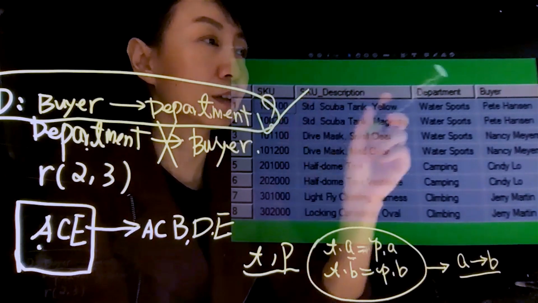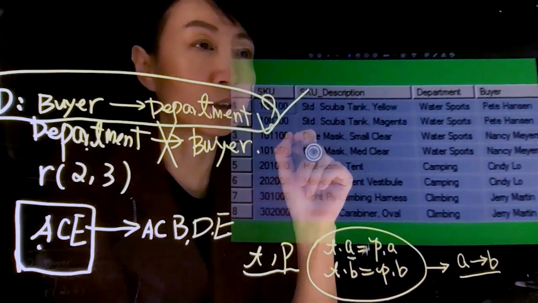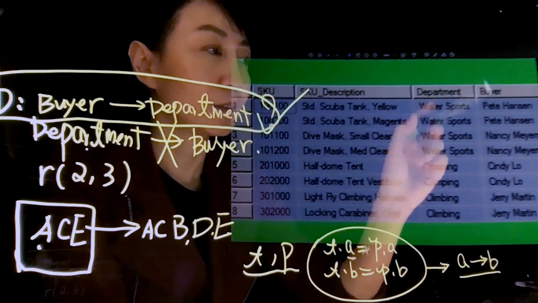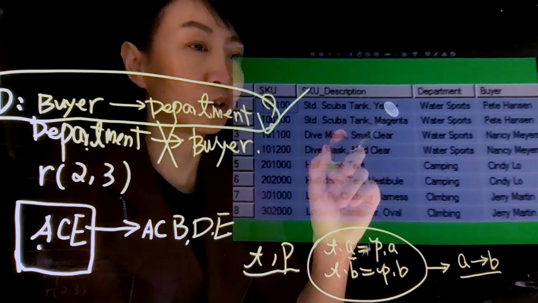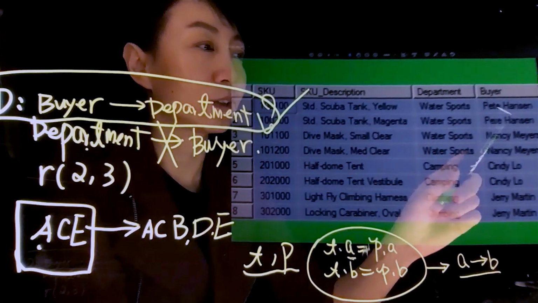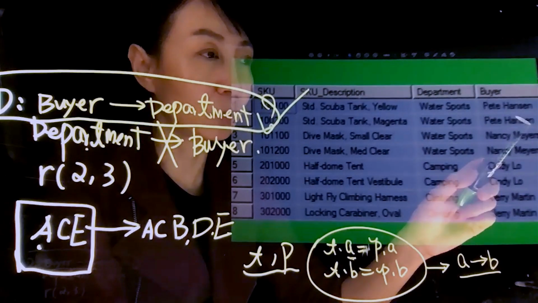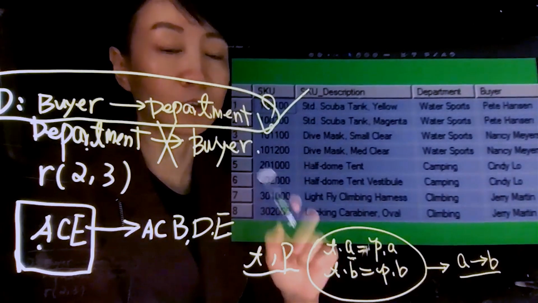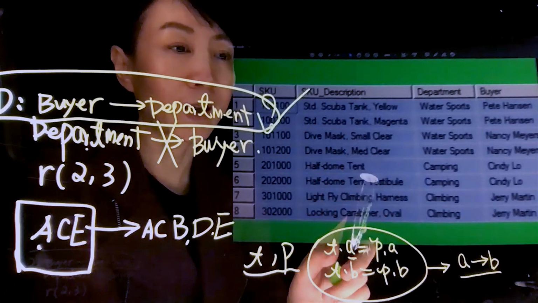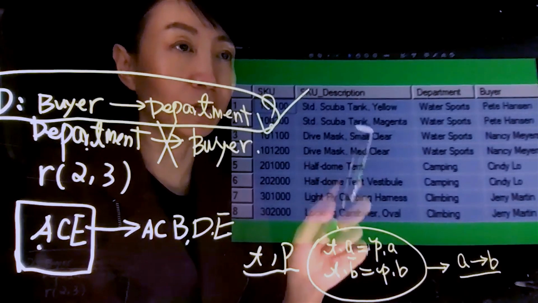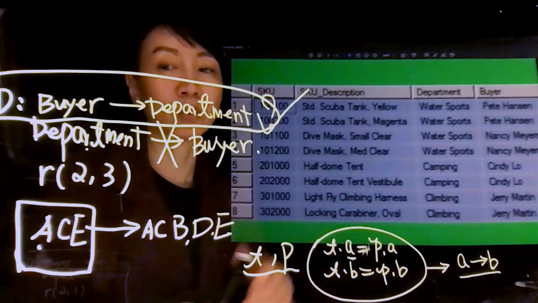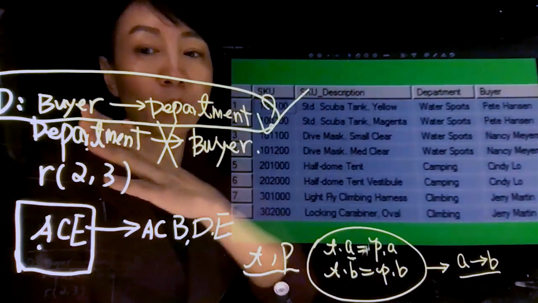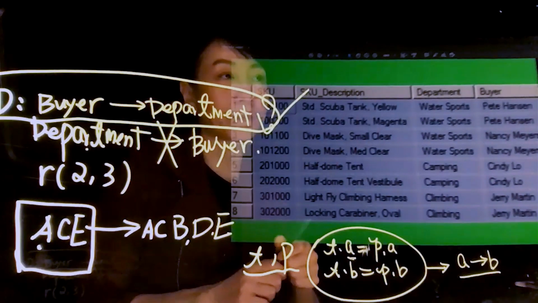You can see that for the same bio they have different skills, and for the same bio they have different skill descriptions. For example, for Cindy Low, they have the same bio in rows 5 and 6. However, 5 and 6 have different skill descriptions. So bio can only determine department.